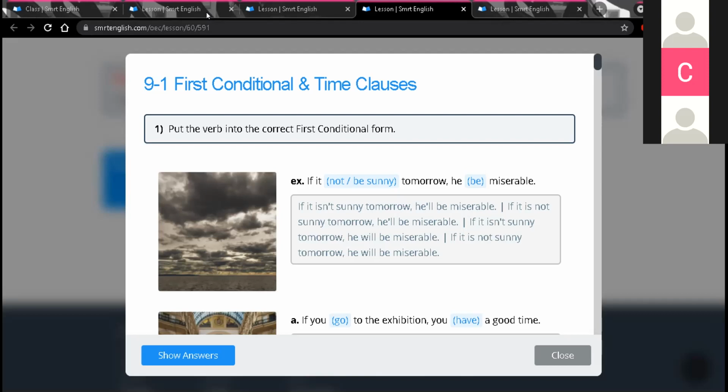Look for this one, 9.1, first conditional and time clauses.